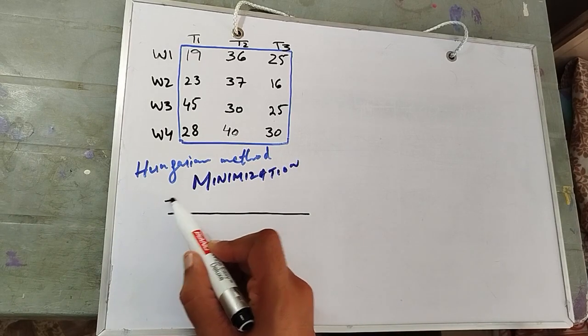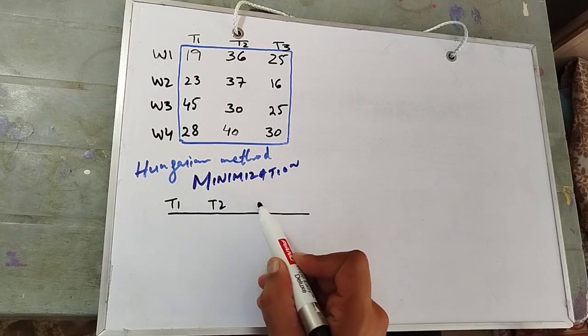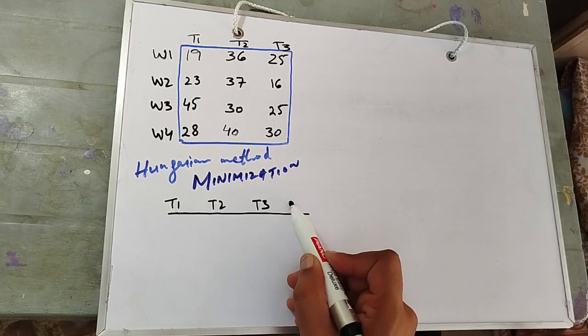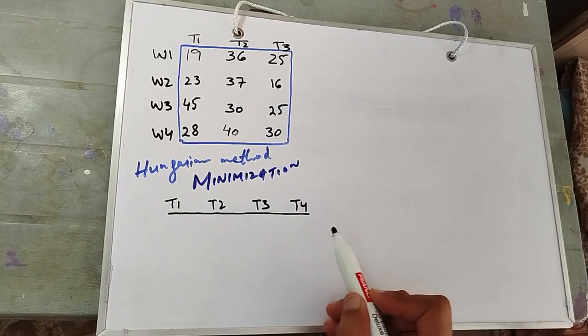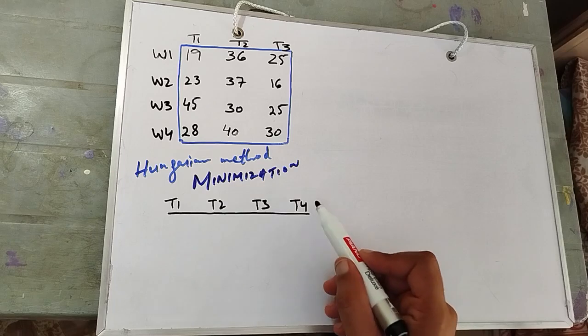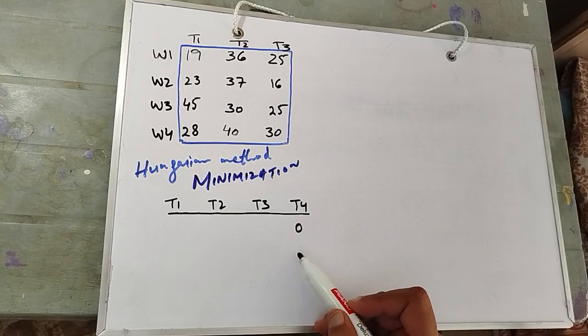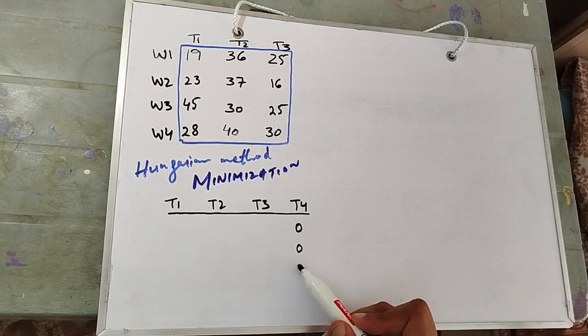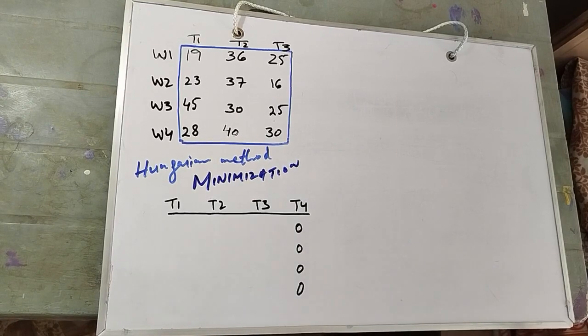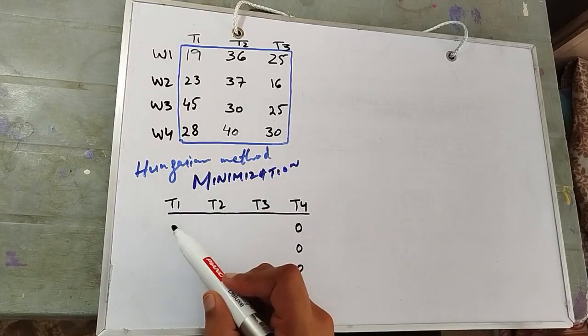T1, T2, T3, and T4. Since we are introducing the dummy one, we will just use 0 for every element. The rest would be the same.